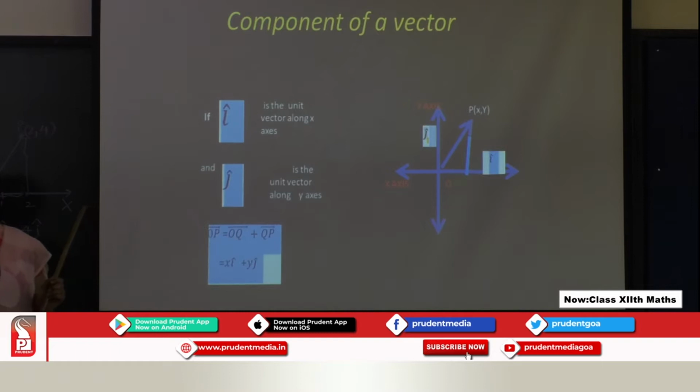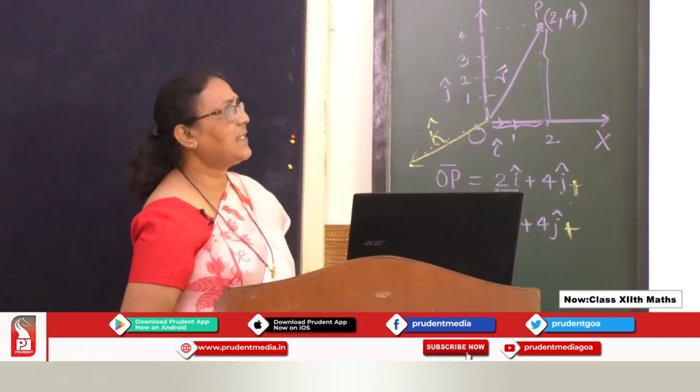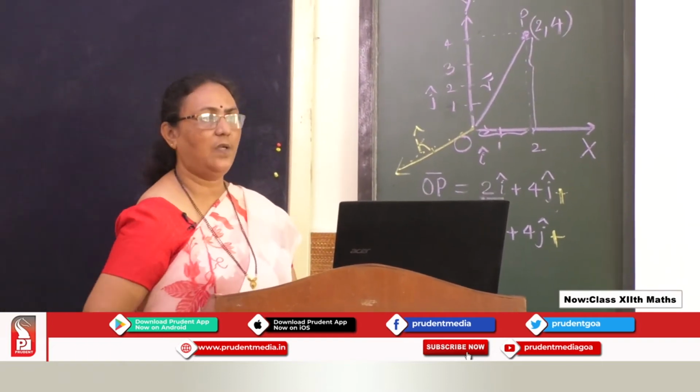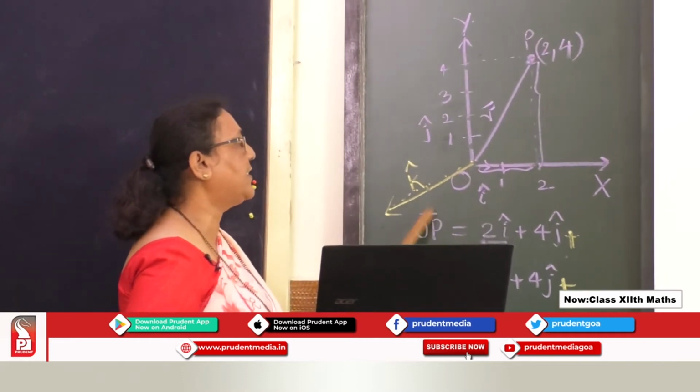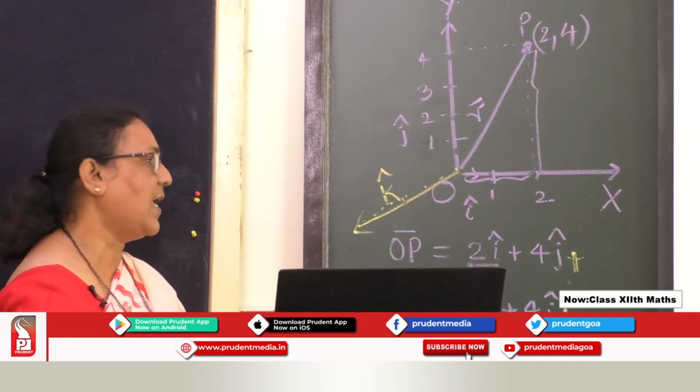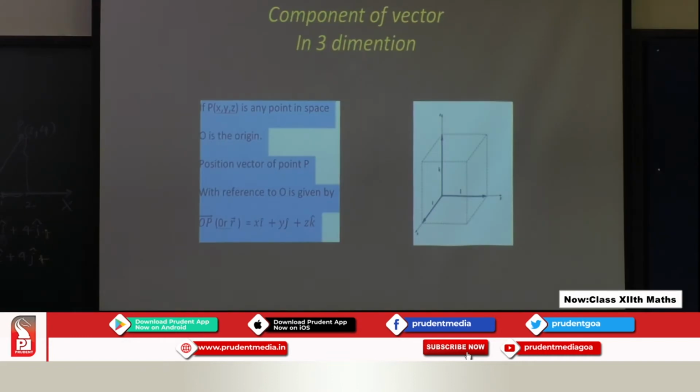Now, in 3 dimensions, see the previous example, you will get x, y and z axis. I had drawn here z axis, x axis, y axis. Now, k is a unit vector along z axis. Now, suppose this unit here on z axis is 5.